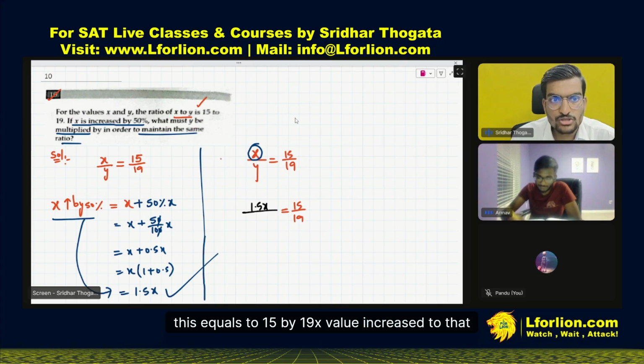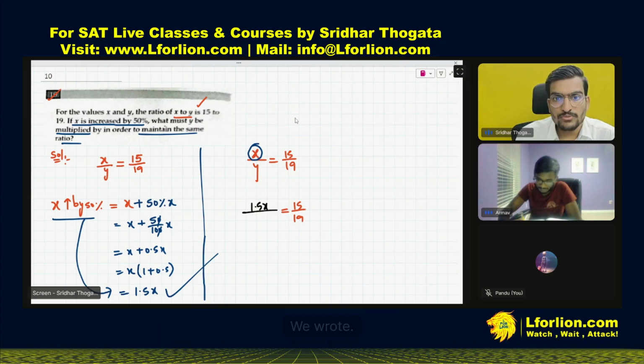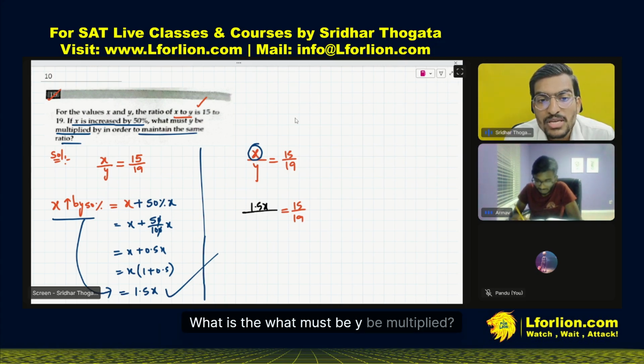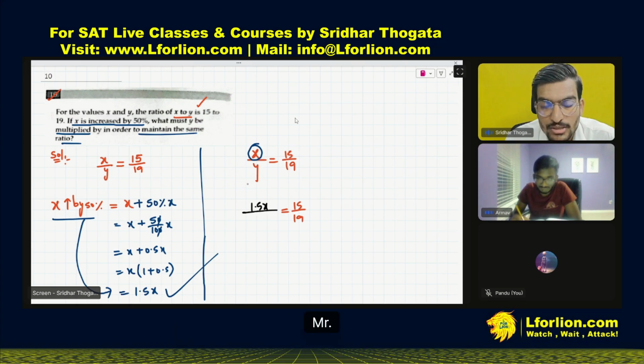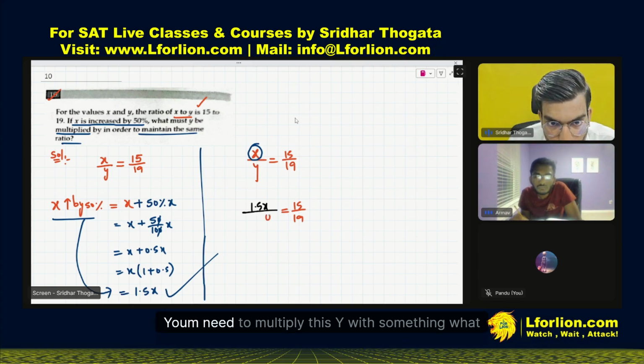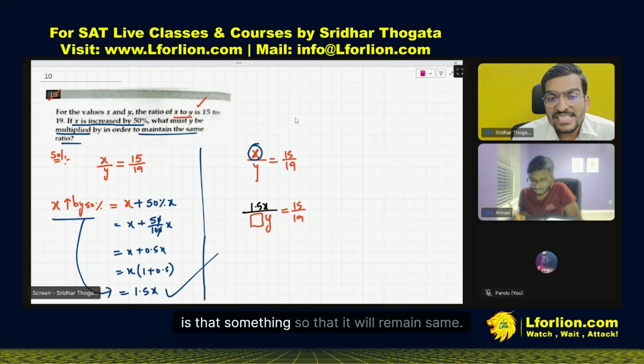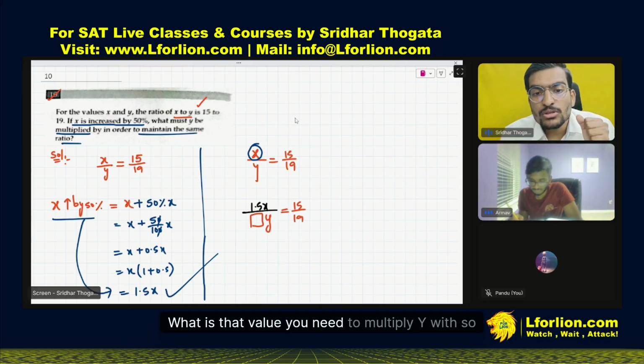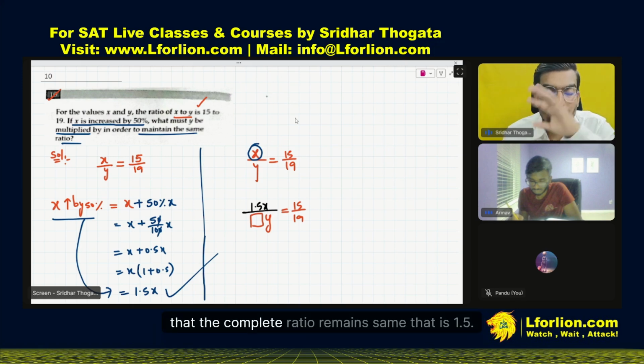The x value increased by 50%, fine, we wrote that. What must y be multiplied by? You need to multiply y with something so that it will remain the same. What is that value you need to multiply y with so that the complete ratio remains the same?